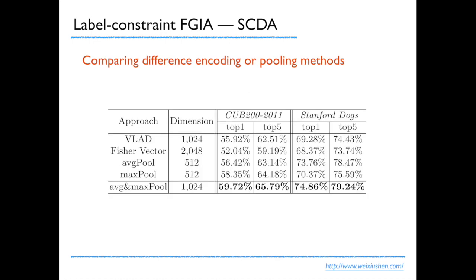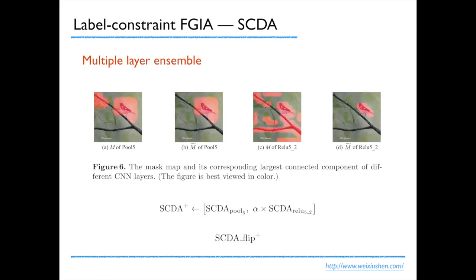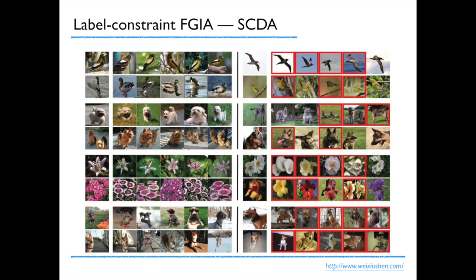Comparing different encoding and pooling methods on two benchmark datasets, we concatenate average pooling and max pooling together as our SCDA features. Additionally, we also use multiple layer ensemble strategies to further improve the fine-grained image retrieval accuracy. That is the fine-grained image retrieval results based on our SCDA method.